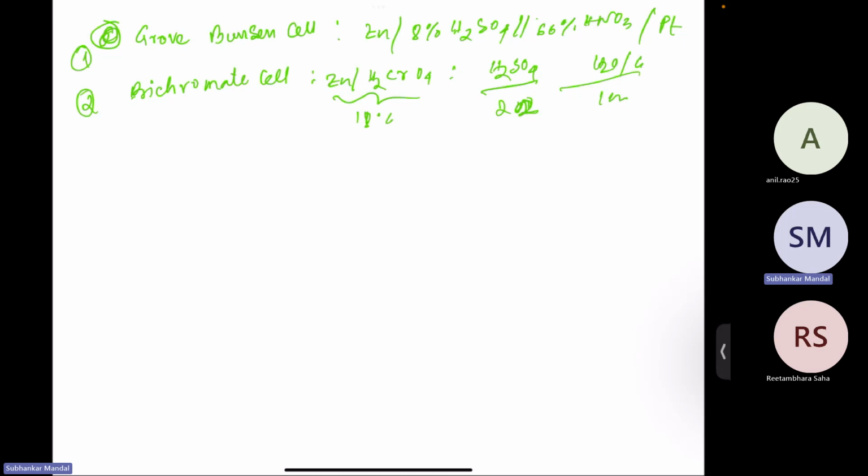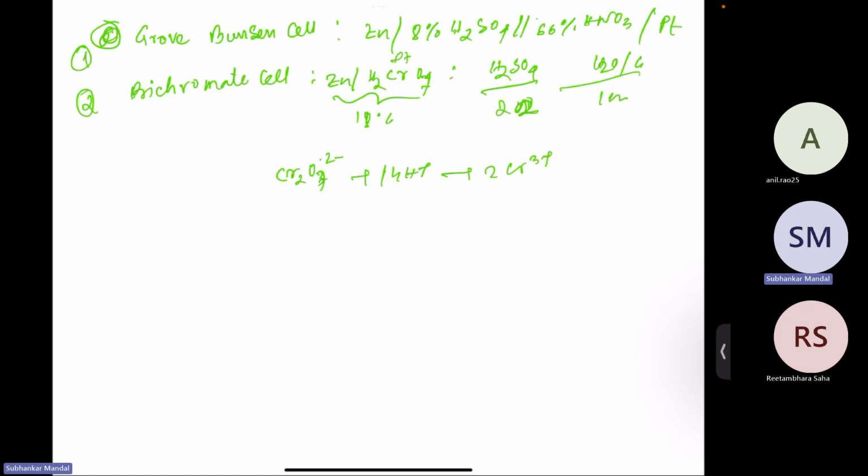So in this case also zinc basically goes to zinc 2 plus, and chromate will reduce to what is called chromium 3 plus, because here it is in the plus 6 oxidation state I think. So basically Cr2O7 2 minus plus 14H plus gives 2Cr3 plus.